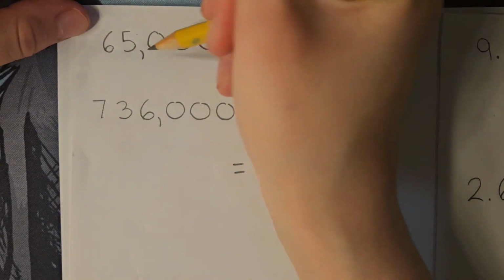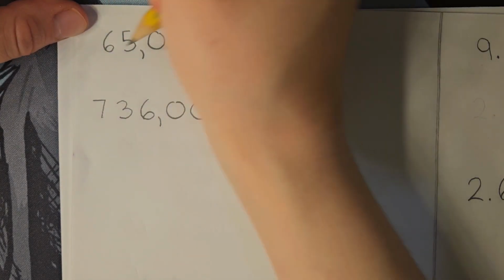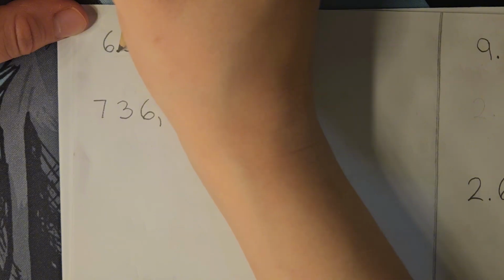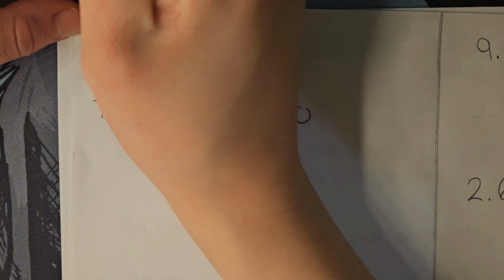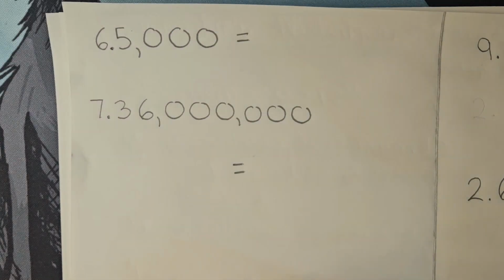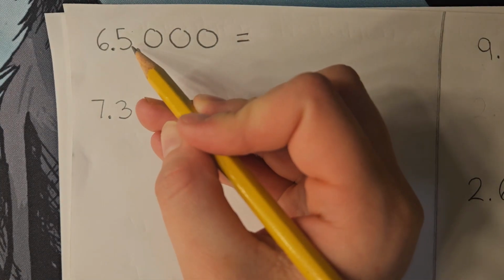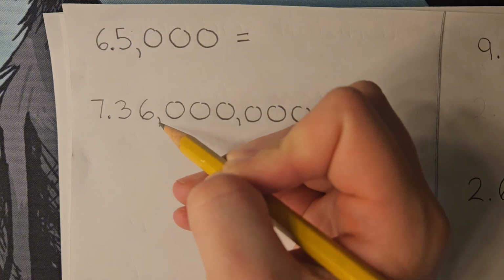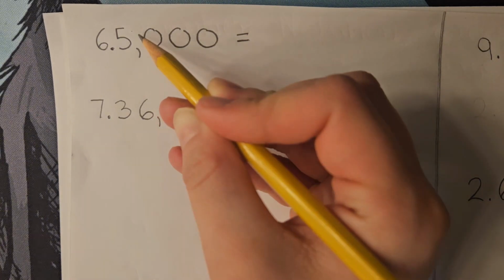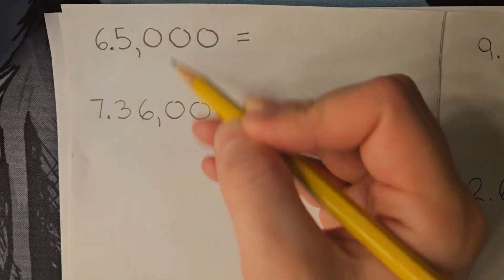For this one, it would be 6 and 5, so I would put the decimal there. For this one, it would be 7, 3, and 6, so I would put the decimal here, because 6.5 is between 1 and 10, and 7.36 is also between 1 and 10. It can also be equal to 1, but you get the idea.